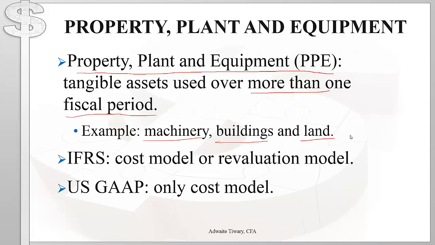Now, how do we report these property, plant and equipment on the balance sheet? Well, that depends on whether we are using the IFRS or the US GAAP. Under the IFRS, we have the cost model or the revaluation model. The US GAAP only permits the cost model.